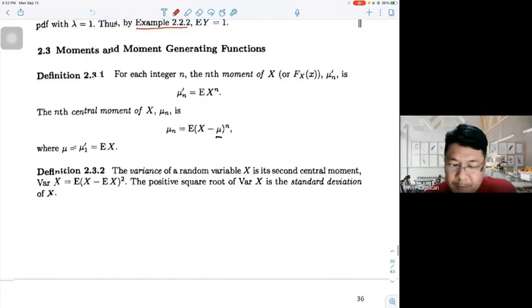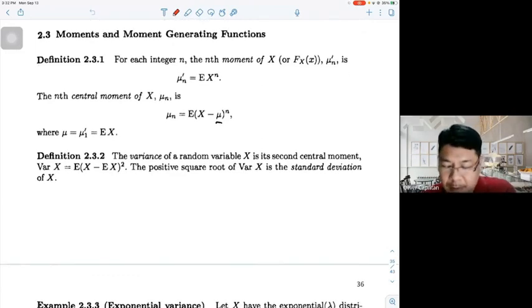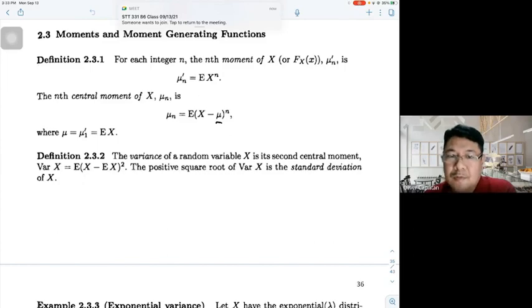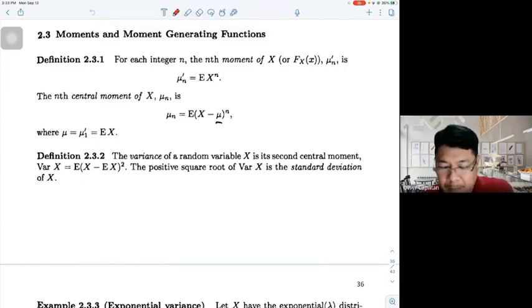First definition, for each integer n, the nth moment of x or the nth moment of the distribution of x, denoted by mu sub n prime, is equal to the expectation of the nth power of x. So the nth moment of x simply means that it's the expectation of the nth power of x.